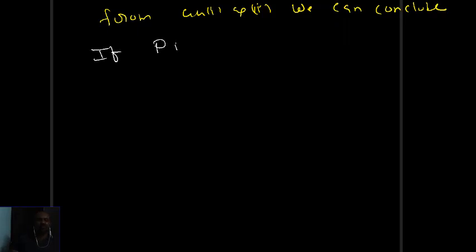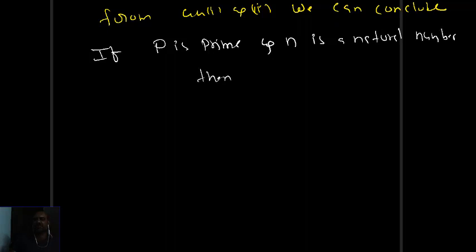From case 1 and 2, we can conclude: if p is a prime and n is a natural number, then n power p is always congruent to n modulo p.